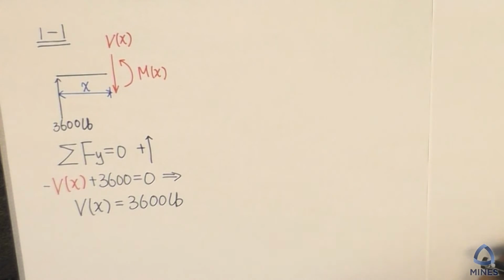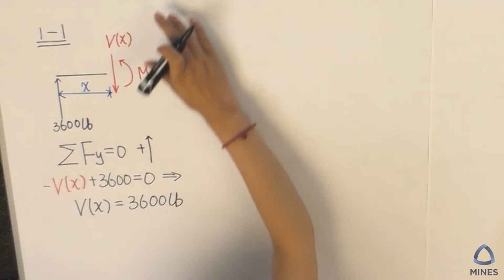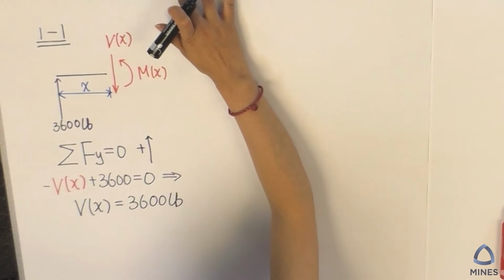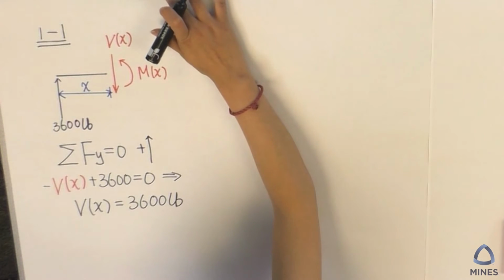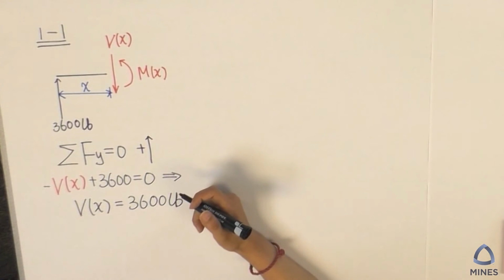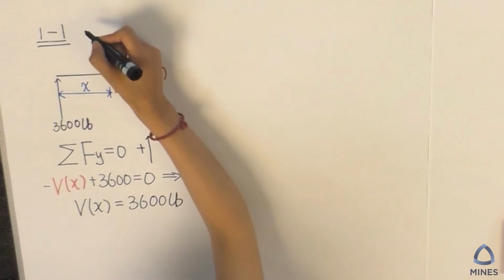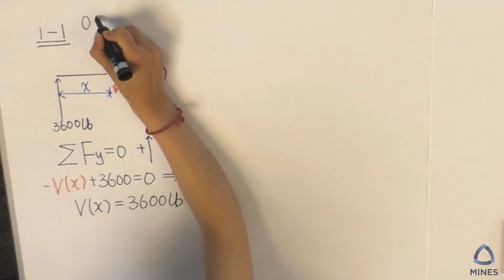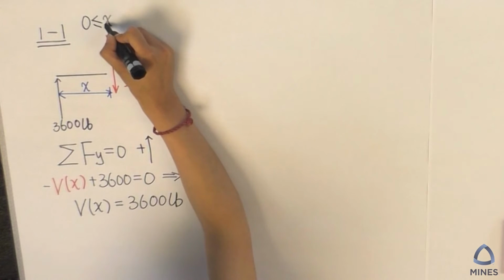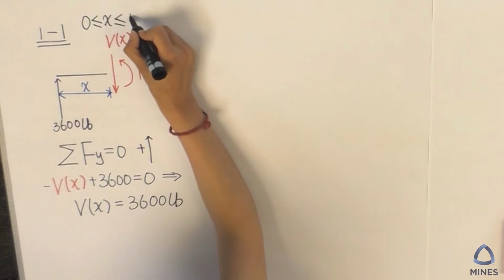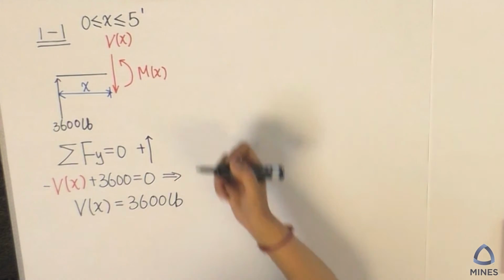And always remember, the cutting location here cannot exceed 5 feet, because after passing 5 feet, we are going to involve a different load. So for the 1-1 cut, your X is valid from 0 to 5 feet.